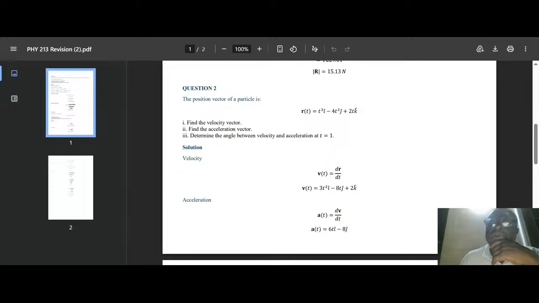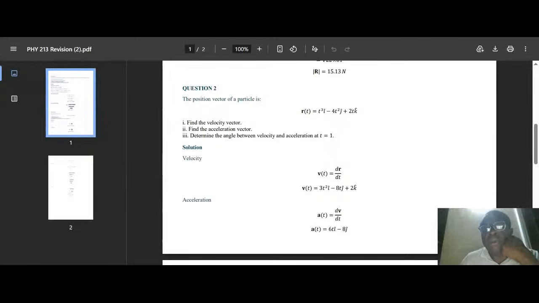So by the time you differentiate r of t, we have 3t raised to power 2, minus 8t, plus 2.